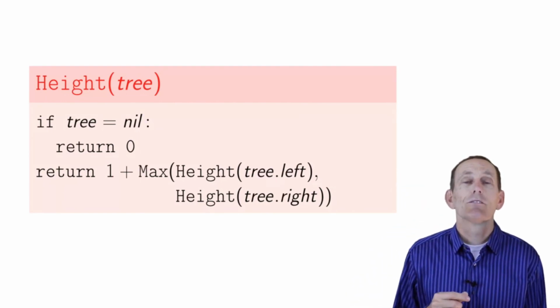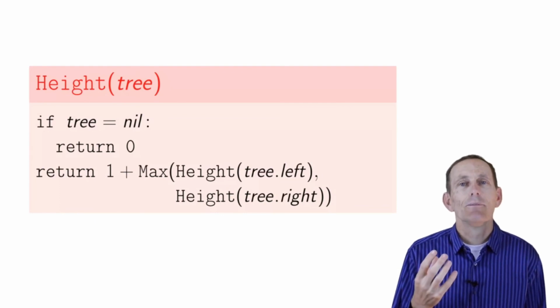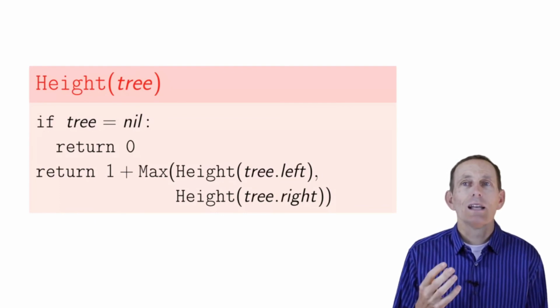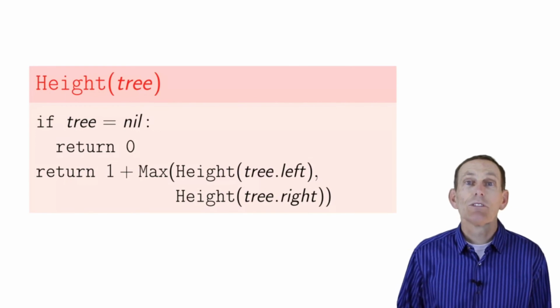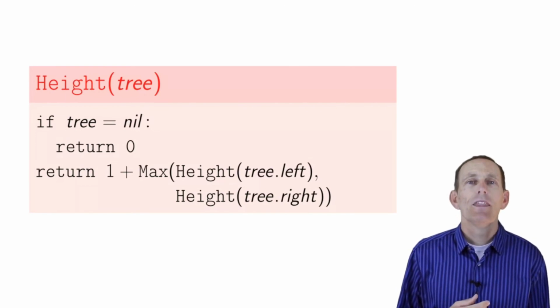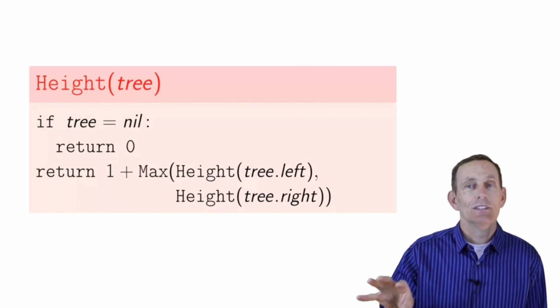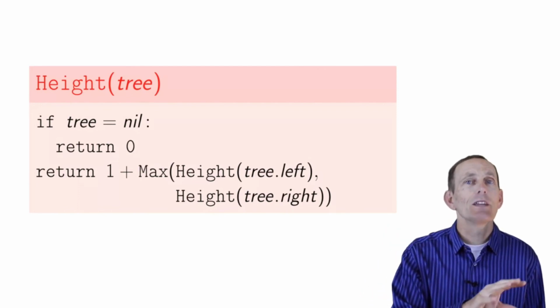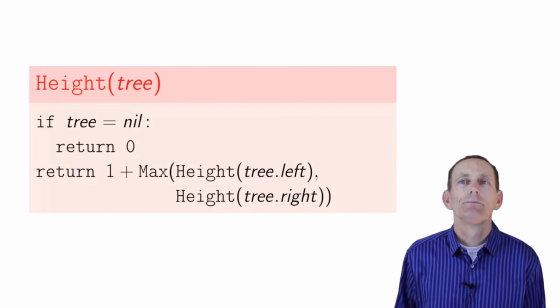So we can say, for instance, if we have a nil tree, then its height is 0. Otherwise, it's 1 plus the maximum of the heights of the left child tree and the right child tree. So if we look at a leaf, for example, that height would be 1 because the height of the nil left child is 0, and the height of the nil right child is also 0. So the max of that is 0, and 1 plus 0 is 1.